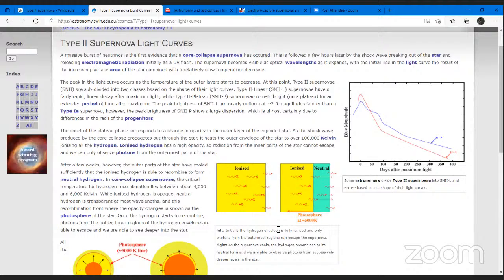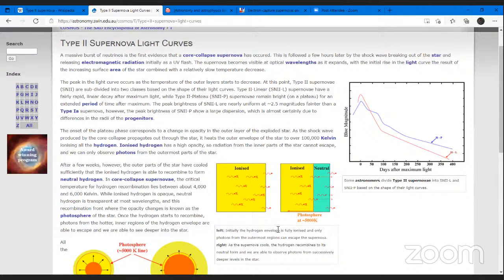The innermost parts are blocked by ionized hydrogen. In the diagram down there, on the left side you could see the photons of the core region could not escape, whereas the outer layer photons actually escape.